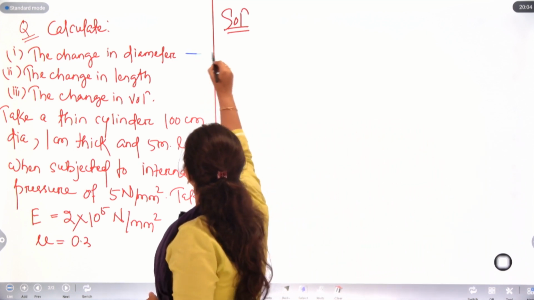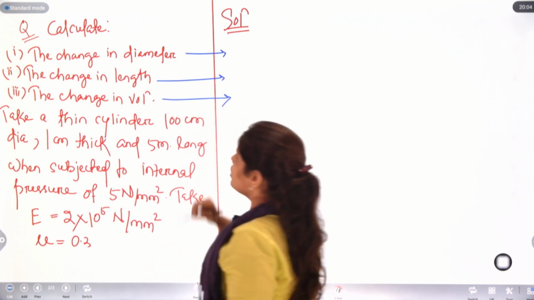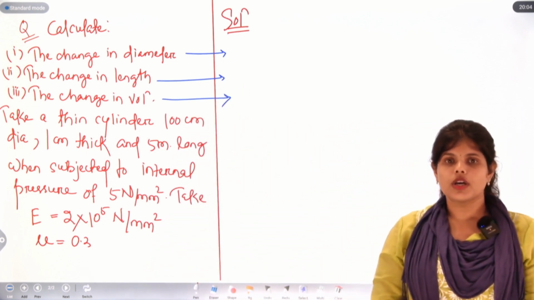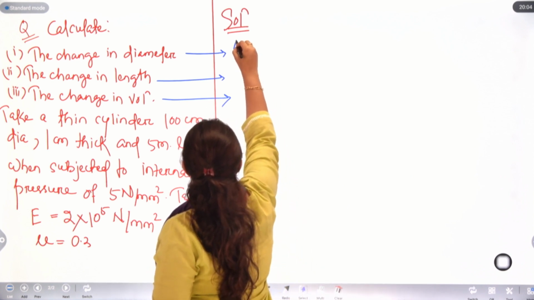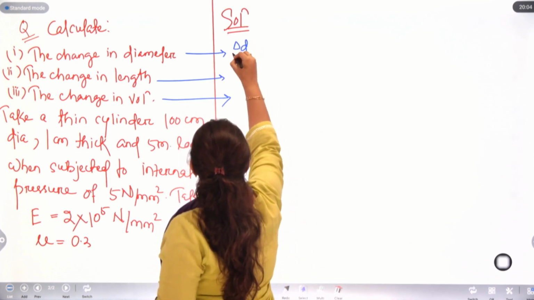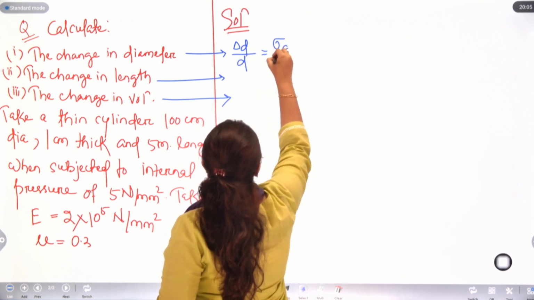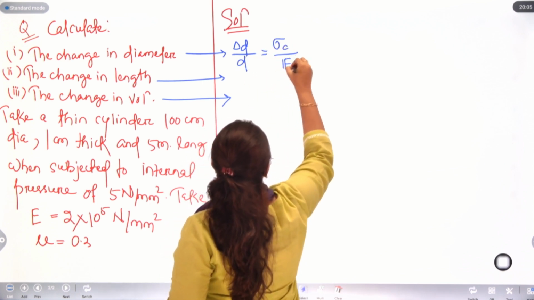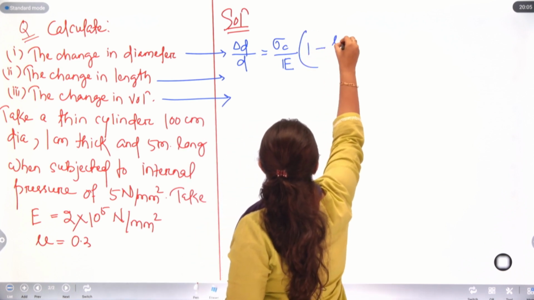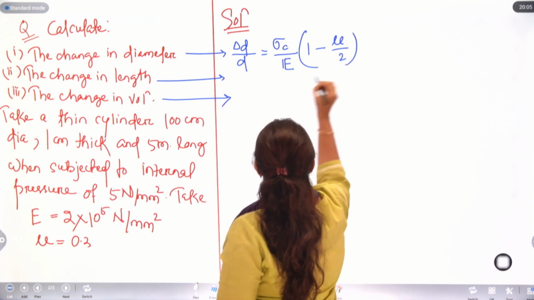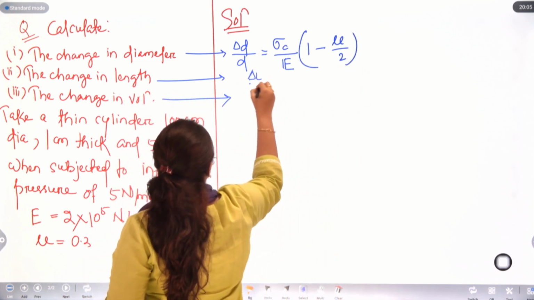So, we already know the formulas. First of all, we need to write those formulas. Change in diameter, we know, is del D. Then the change in length.